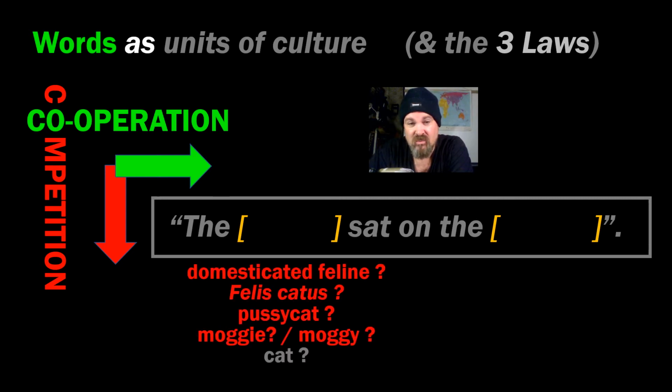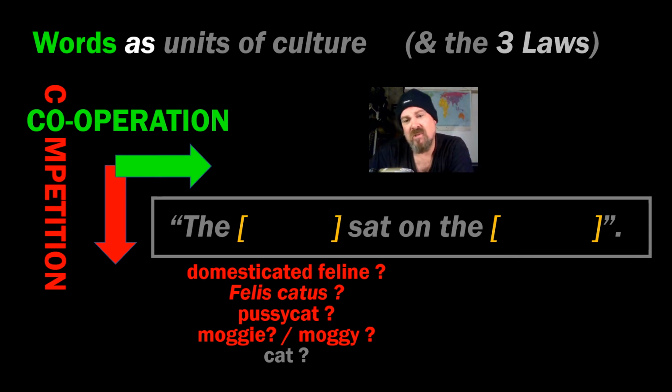The first slot we could fill with one of these synonyms depending on the goal and the target audience. So you could say the domesticated feline sat on the blank, or you could use the Latin name Felis catus. You could say pussycat. You could call it a moggy, and you could spell it 2 different ways. So there's a competition going on there between all these synonyms, or you could just say cat.